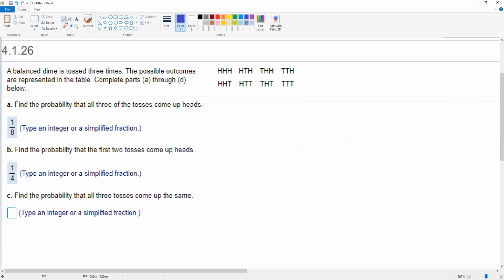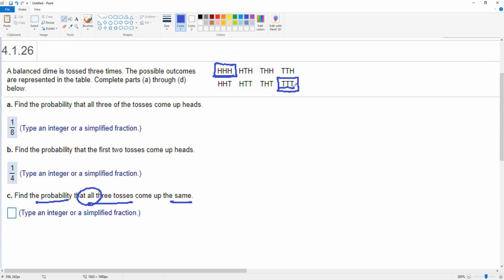And let me try part C. Yeah, we can do it case by case. We take the probability that all 3 are the same. So we have only 2 cases, the 2 outcomes: head, head, head, and tail, tail, tail.